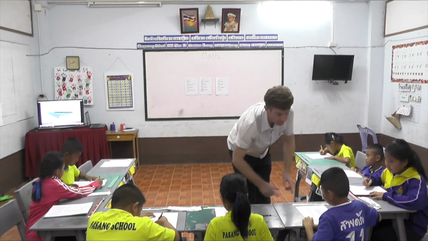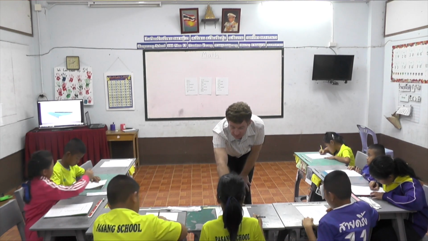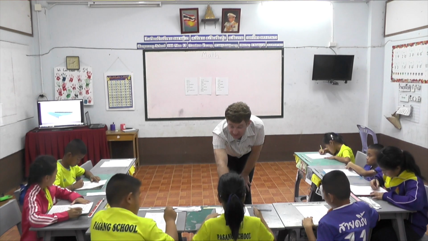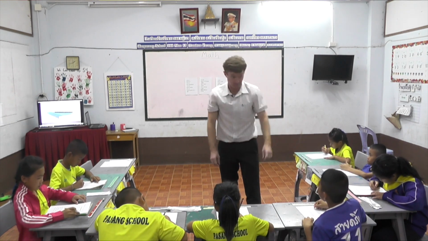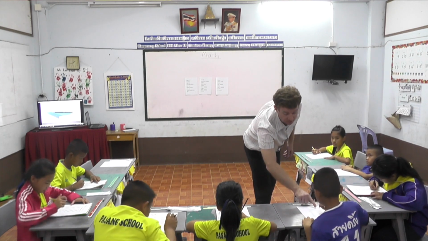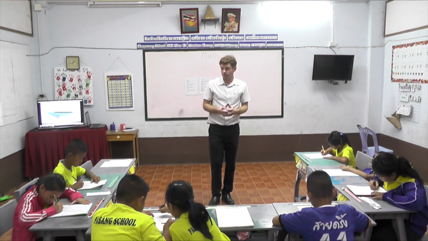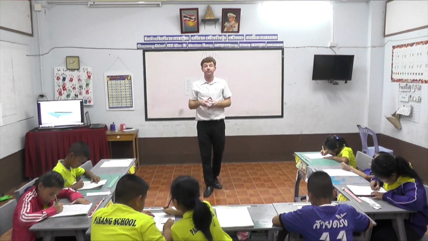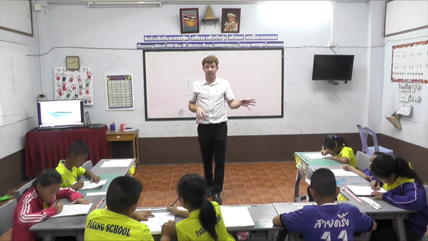Perfect. Number 2, what date is it? So in the title, can you see the date? Thursday, 28th February. Yes. So we've discovered whose diary it is. Thursday, 28th February.